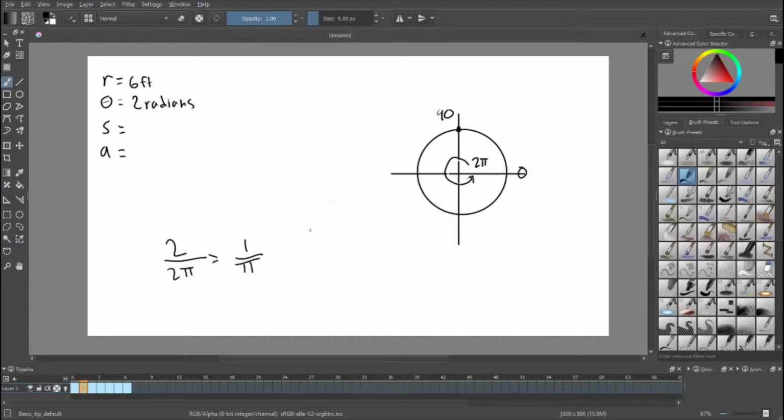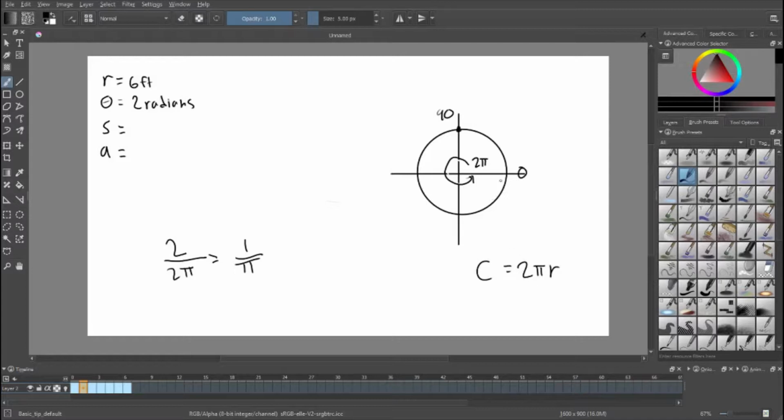So since that is our ratio right now, all we have to do is find the circumference of the whole thing. Since they give us the radius, we can find it using the formula. I believe that's what the formula is.